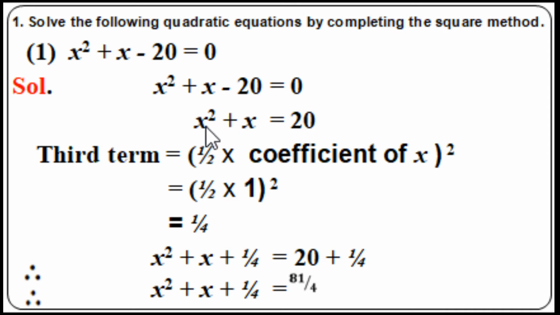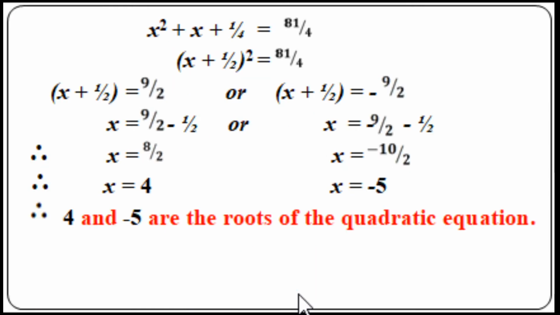So by adding we get x square plus x plus 1 upon 4 is equal to 20 plus 1 upon 4. By solving this, 20 into 4 is 80, 80 plus 1 is 81, so 81 upon 4. We get x square plus x plus 1 upon 4 is equal to 81 upon 4. Now on the left hand side we have completed the square by using that formula.